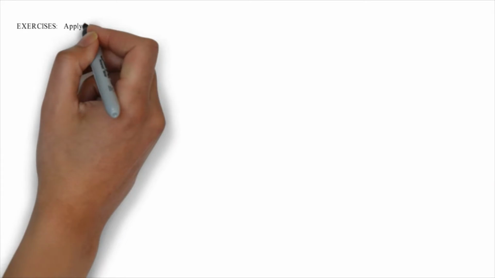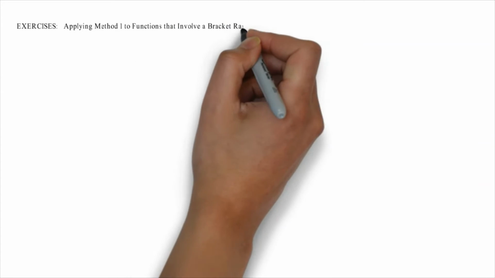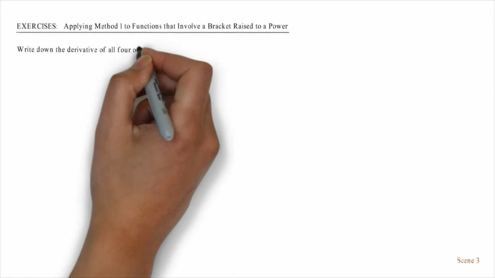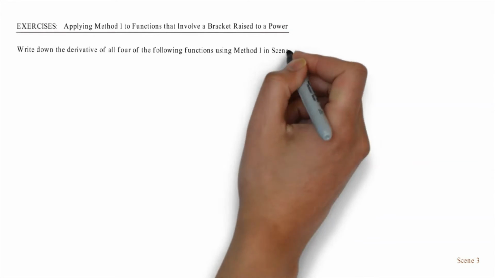Exercises. Applying method 1 to functions that involve a bracket raised to a power. Write down the derivative of all 4 of the following functions using method 1 in scene 2.